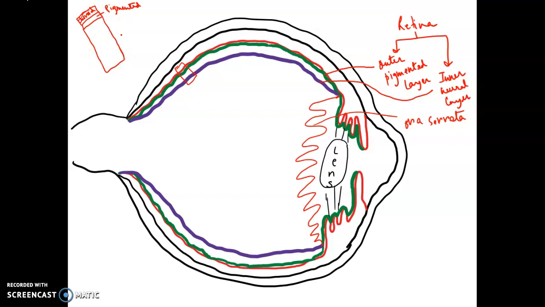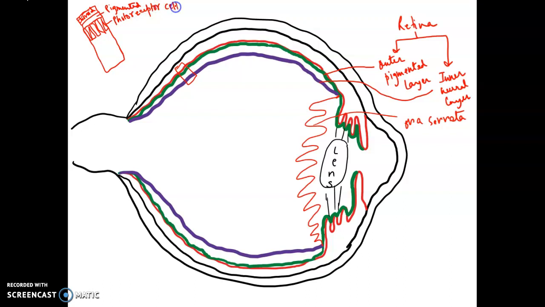And then we have the neural layer of the retina. I'm blowing up the neural layer a lot. If you look at the neural layer of the retina, the neural layer is made up of three types of cells. Superficially, we have rods and cones, and these are photoreceptor cells.